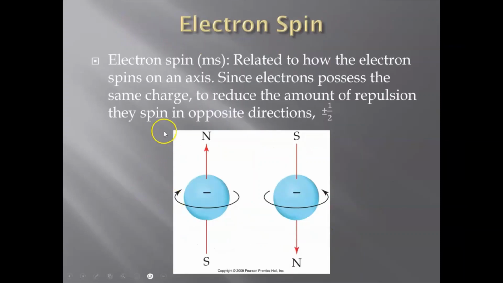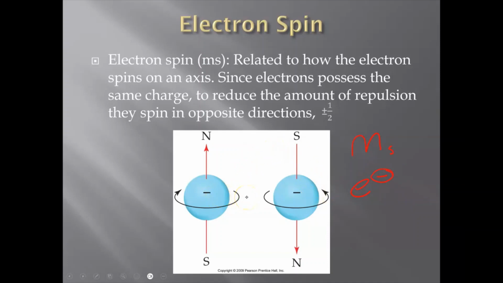Now, the 4th quantum number is called the electron spin, and it's represented by this symbol here, m_s, and it's related to how the electron spins on its axis. All right. So we know that the electrons themselves are all negatively charged, and this negative charge plays a big role within how we see the electron spin.